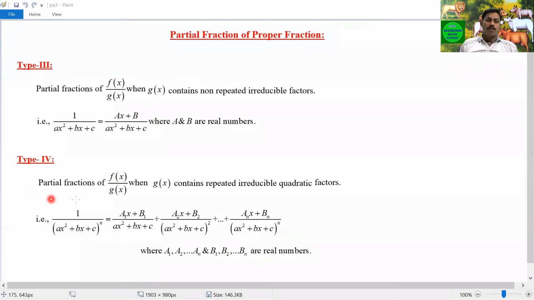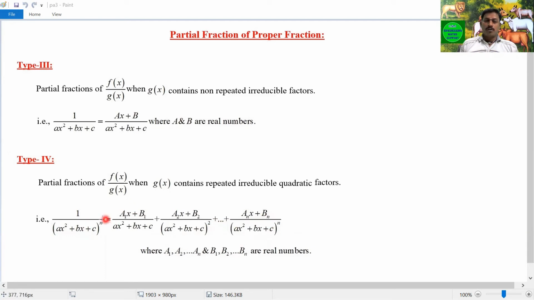Type 4. Partial fractions of f of x divided by g of x when g of x contains repeated irreducible quadratic factors, that is 1 divided by (ax square plus bx plus c) whole power n, equal to a1x plus b1 divided by ax square plus bx plus c, plus a2x plus b2 divided by (ax square plus bx plus c) the whole square, plus etc., plus anx plus bn divided by (ax square plus bx plus c) whole power n.